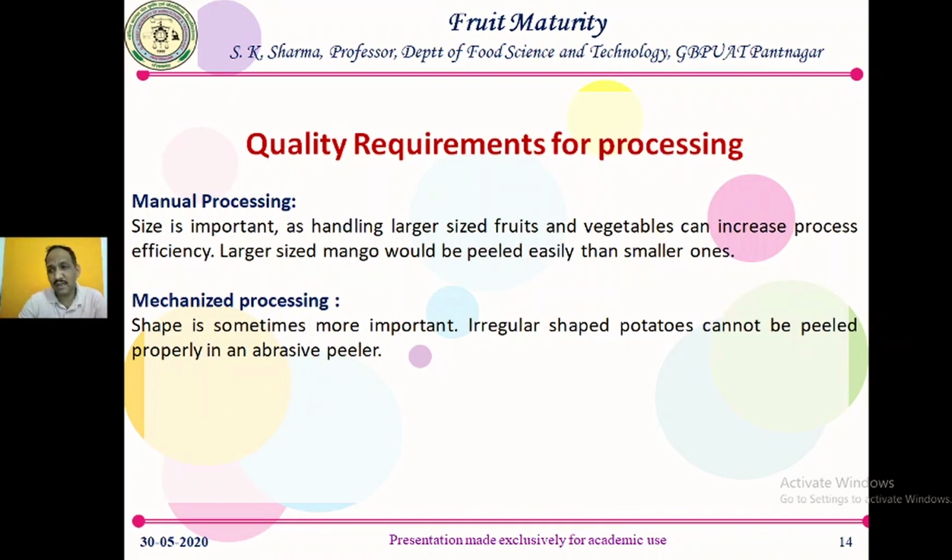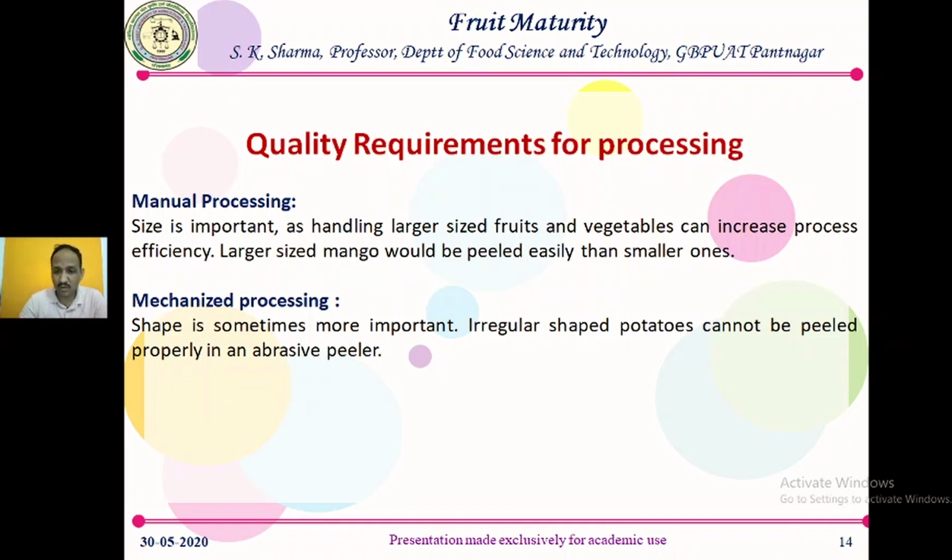One is that if we have a commercial large scale process line, in that case the fruit or the commodity will be handled mechanically through conveyor belts, through automatic graders, through automatic screens, and so many automatic machinery. So there it has to be harvested at a particular stage. Manually we can do, but when we talk about mechanized processing, it's difficult.